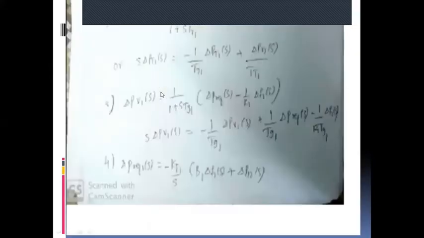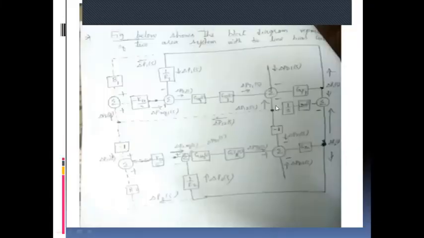So this equation you have already obtained from the block diagram. So from this we are writing transfer function is equal to output by input. Okay, now we completed this for the transmission line.